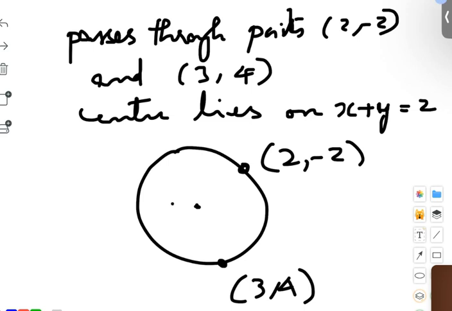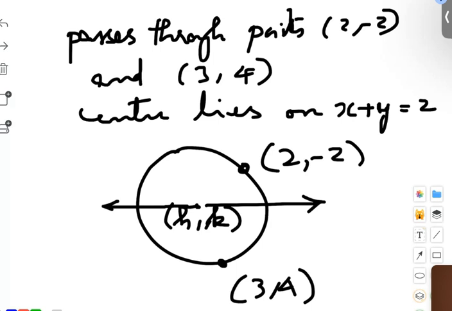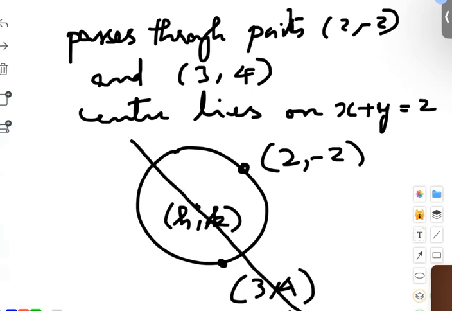The center is h comma k. This center is lying on a line. The center can be something else also, not necessarily on the x-axis. The center lies on the line, and the equation of the line is x plus y equals 2.